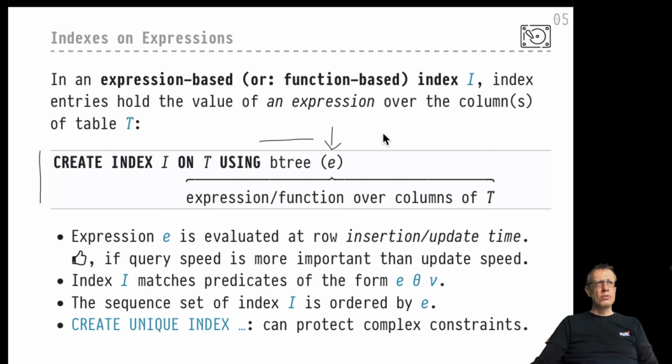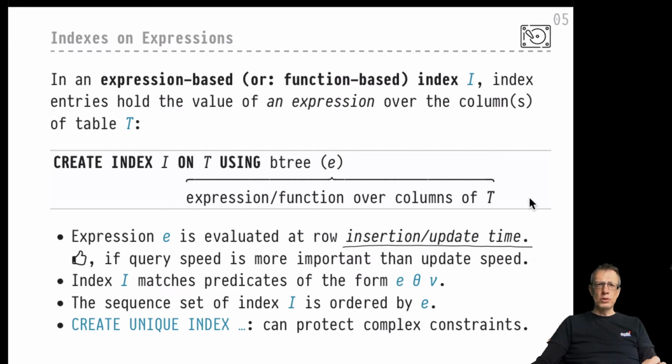When we insert rows into such an expression-based index, then the expression E will be evaluated for this particular row to be inserted. This expression will yield a value, and based on this value we will place the row inside the index. Okay, so this expression E is evaluated at row insertion or row update time.